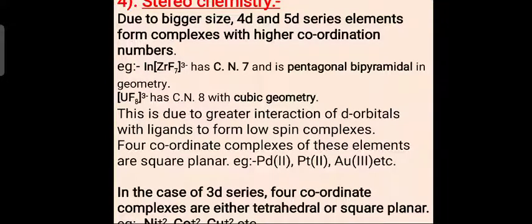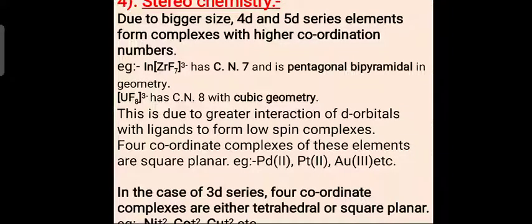How do you say that the coordination number is 7? Seven monodentate fluoride ions are present. And the geometry of the molecule is pentagonal bipyramidal.